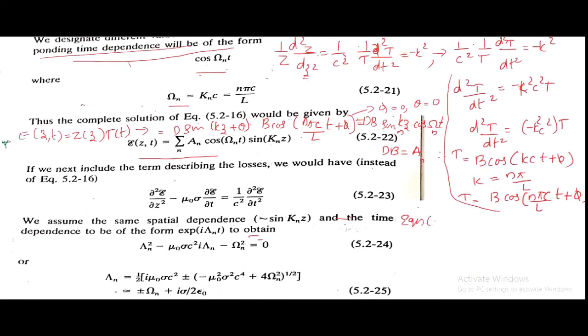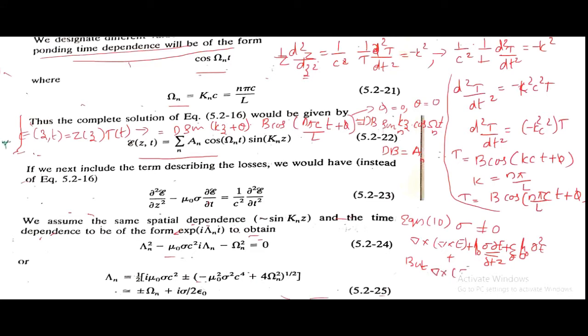Suppose that in equation 10 sigma is not equal to 0. That is, we include the term describing the losses. Then we can write equation 10 in the form del cross E plus mu 0 sigma dou E by dou t plus epsilon 0 mu 0 dou square E by dou t square equals 0.